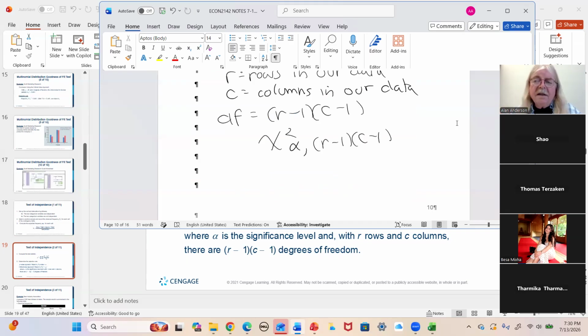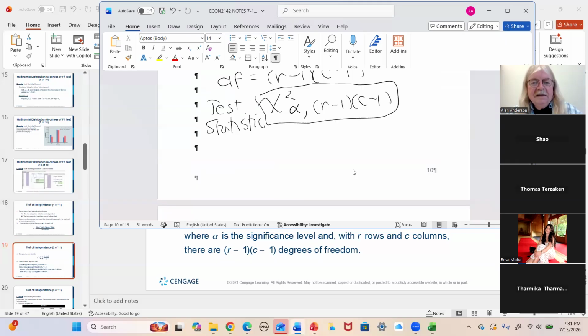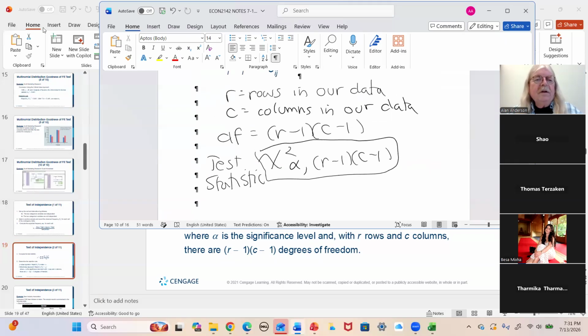Remember, it's only right tail, therefore alpha is the only case we have. Sorry, I wrote the wrong thing.